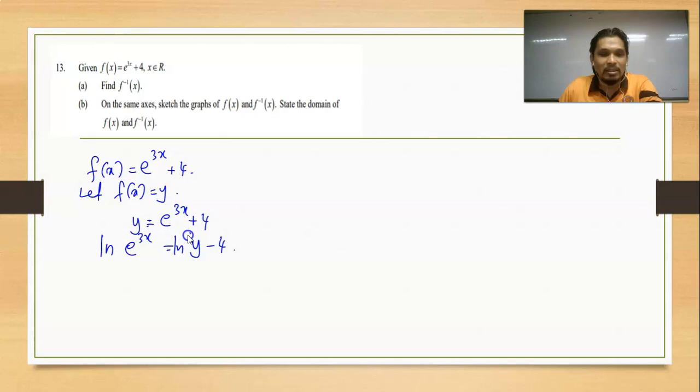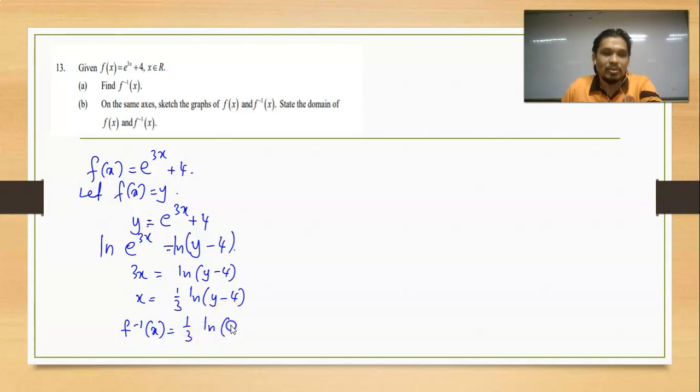So we also take the natural log on the other side. So 3x equals natural log of y minus 4, and x equals 1 over 3 natural log of y minus 4. So f inverse equals 1 over 3 natural log of x minus 4.